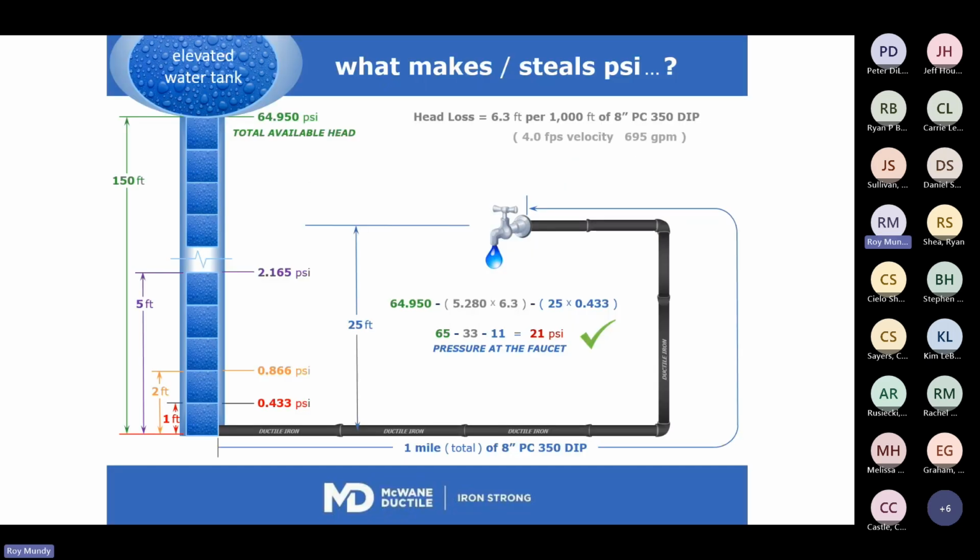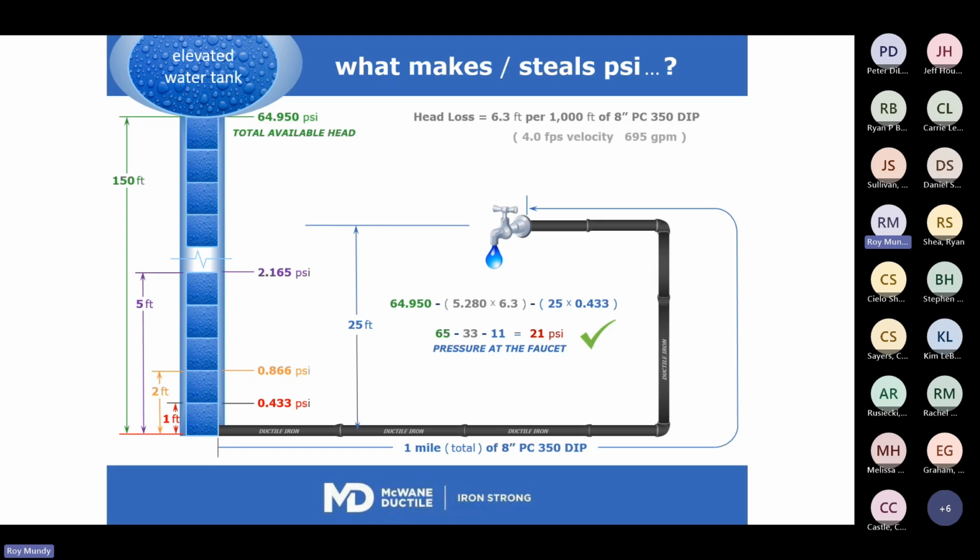So I don't mean to insult your intelligence because I know we got some pretty sharp and qualified engineers on the webinar here today, but just to run by a real quick analysis when it comes to an example of ductile iron pipe and its hydraulic comparison to PVC.